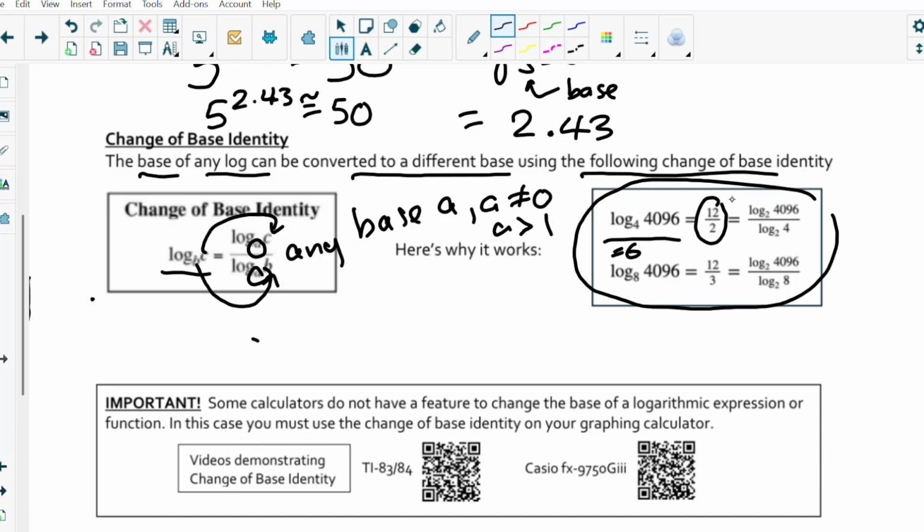But if we do this, folks, 12 divided by 2, that's also equal to 6. Log base 2 of 4096 is 12. Check it on your calculator. Log base 2 of 4 is 2. If I divide those two, I'm going to get 6. So this is 12, this is 2. Look what's going on here. This is the change of base identity exactly as it's written.